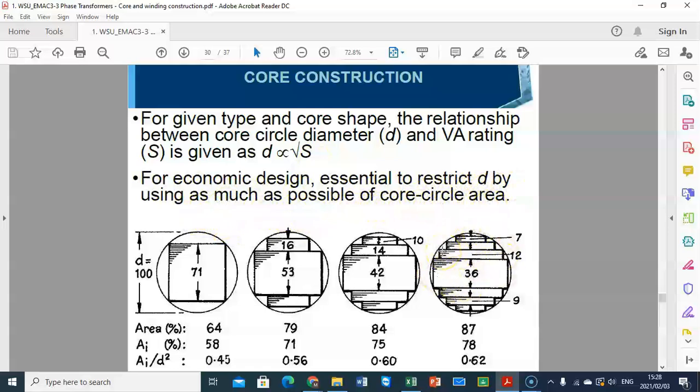If we want to increase S, the diameter is going to increase by the square root of that amount. At some point, if we increase S, that is fine, we can increase the dimension of the transformer. But at a later stage, sometimes we cannot increase S anymore, and instead of having a bigger transformer, we prefer to have another transformer in parallel to the first one.